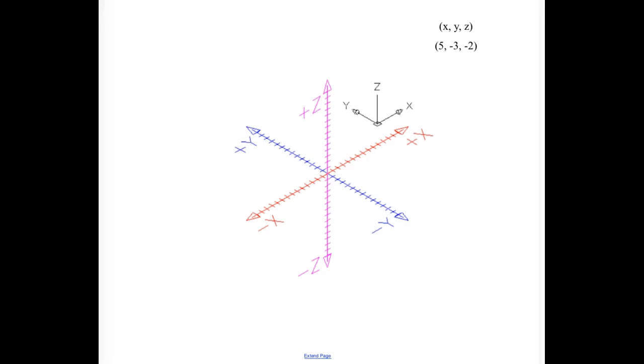The Z axis then would be going straight down through the paper. Does that make sense? Perpendicular to that. Okay? So we could take an ordered triple like this 5, -3, -2. We'd have to find 5 going in the positive X direction. We'd have to go -3 in the Y direction, and then we'd have to go down 2. Okay?